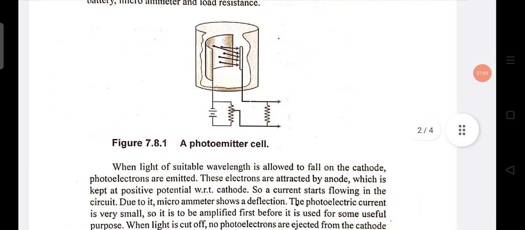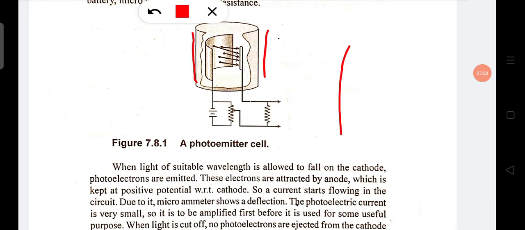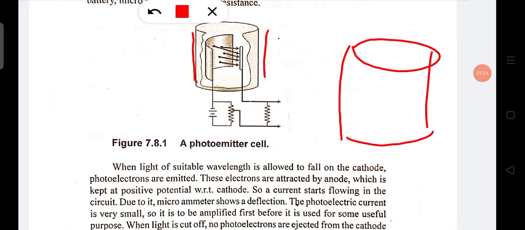Now, the construction of the photoemitter cell is like this. Here you see this is a glass tube. Inside the glass tube, one C-shaped cathode is there, and one anode is there.